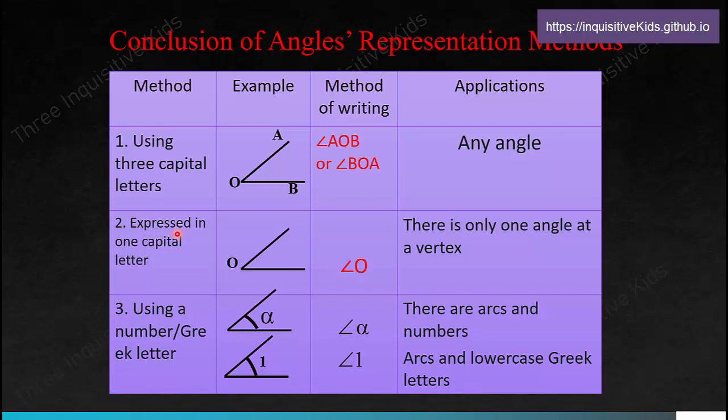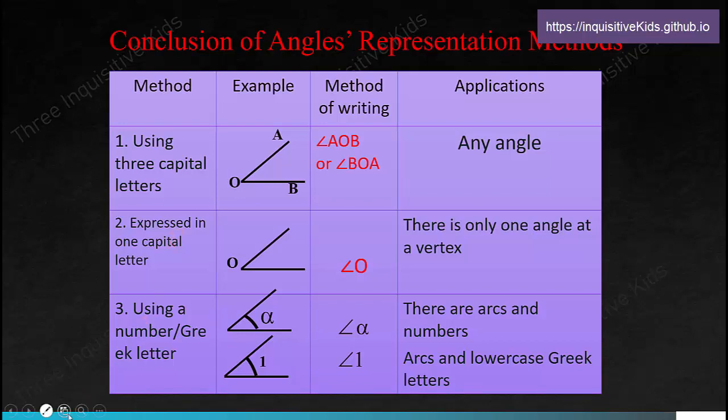If you think you're going to have trouble memorizing what I'm going to say right now, you should jot this quickly down in your notepad. Now, of course, when you use just one capital letter like angle O, the vertex of the angle, there is only one. You can only use it when there's only one angle at the vertex.